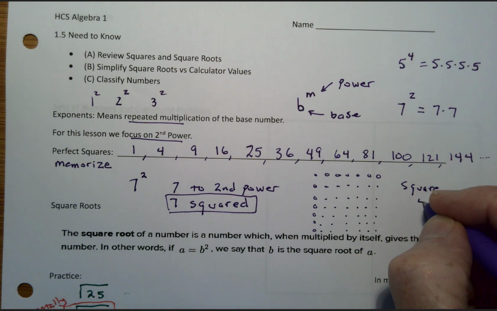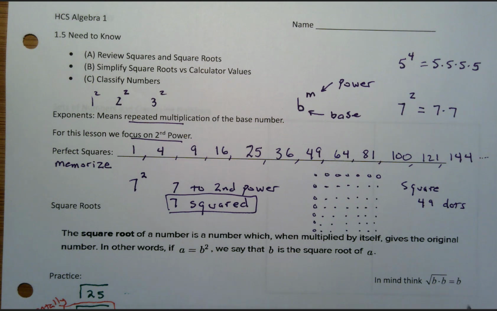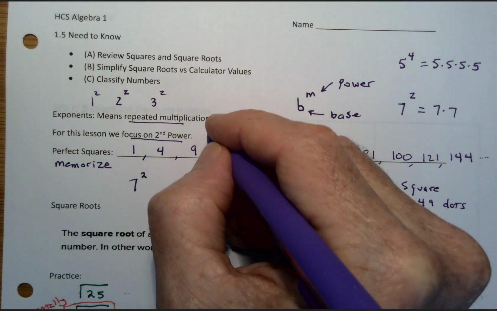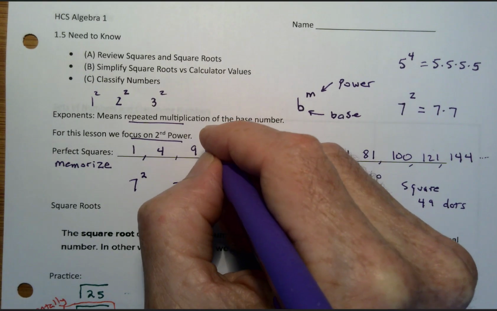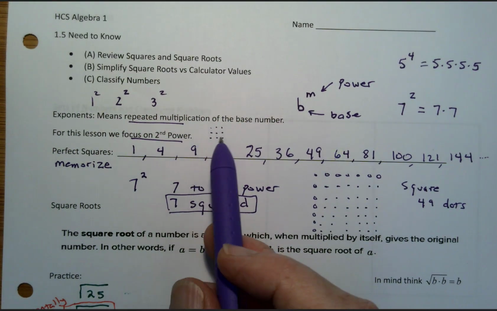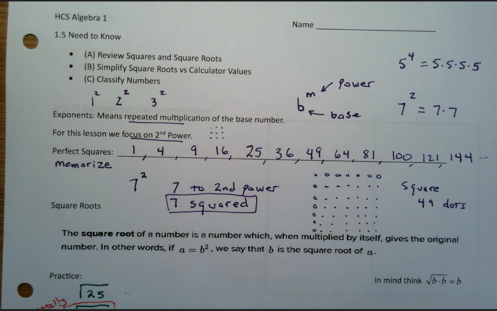And it happens to have 49 dots. So we call 49 a square number, or a perfect square. And we can do this with 9, 3 rows. 1, 2, 3, 1, 2, 3, 1, 2, 3. It's another square, has 9 dots. So 9 is a perfect square, 3 by 3. Anyways, that's where some of the vocabulary of this whole thing comes in.